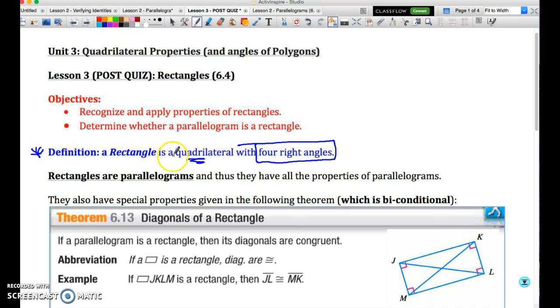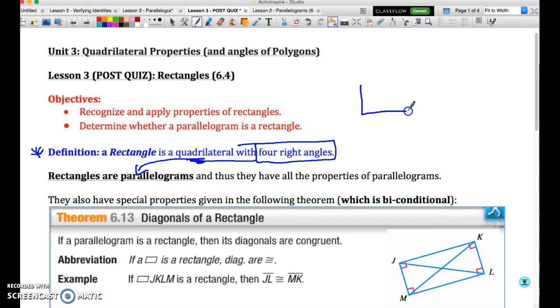Once we've established that a quadrilateral is a rectangle, we also know that it is a parallelogram because rectangles have all of the same characteristics of parallelograms. Remember, that is not biconditional, and so just because something is a parallelogram does not guarantee that it's a rectangle, but if it is a rectangle, it does guarantee that it is a parallelogram.